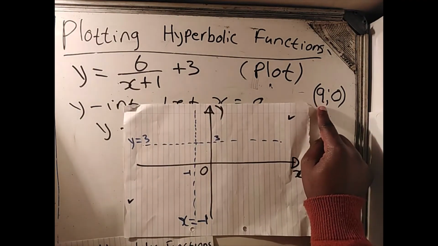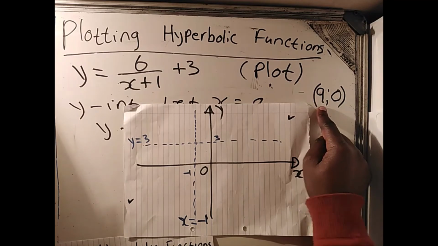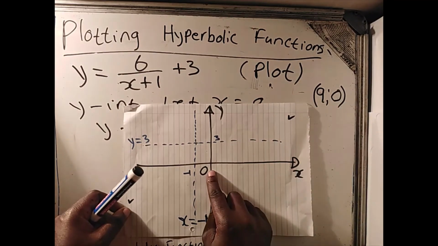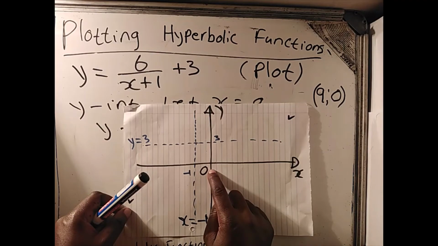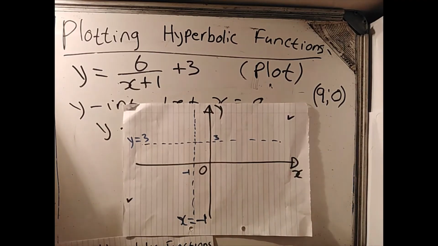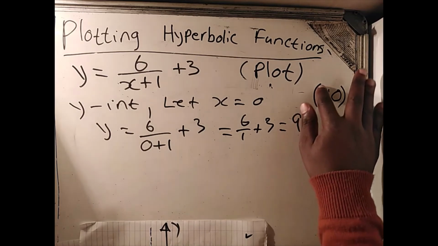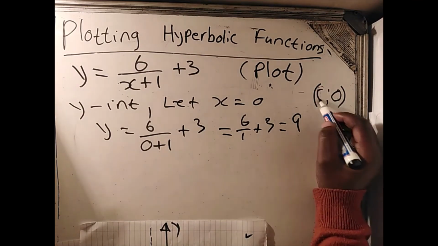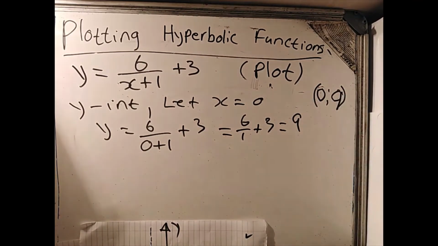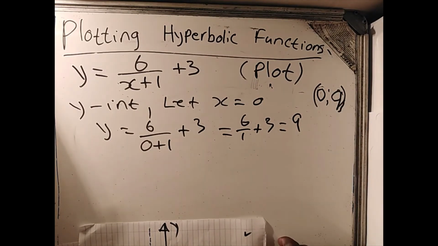Okay, so x is equal to 0 here. I wrote nonsense here. X is equal to 0, and then y is equal to 9. Guys, you must be very careful. Right, let's continue.